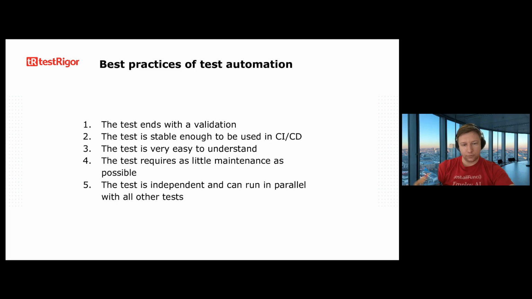It's quite important. And next, finally, the test is independent and can run in parallel with other tests. As you're building tests, you'll find out eventually that you build so many tests that the amount of time needed to run them is way too long.